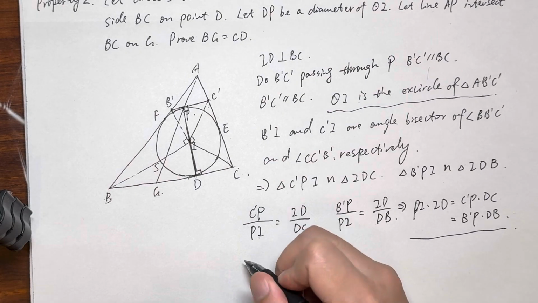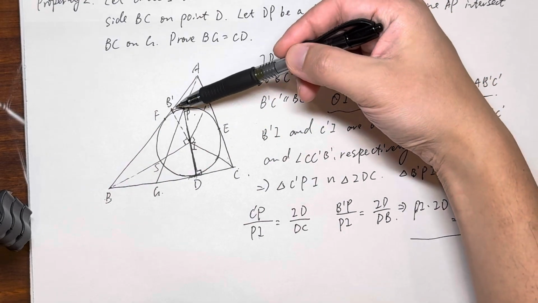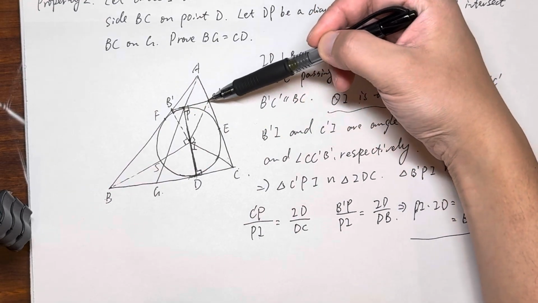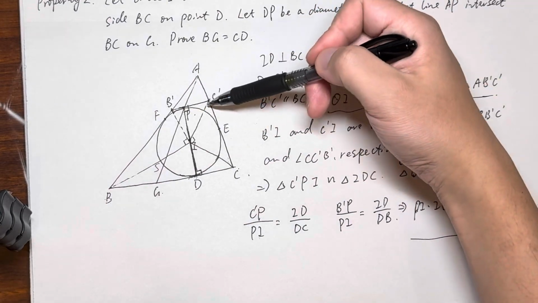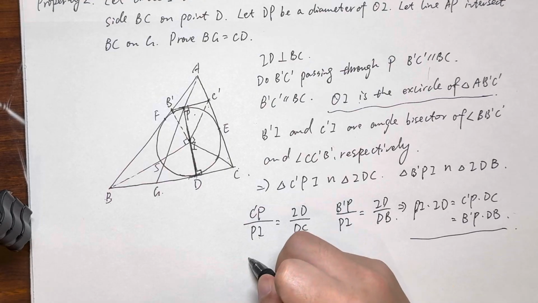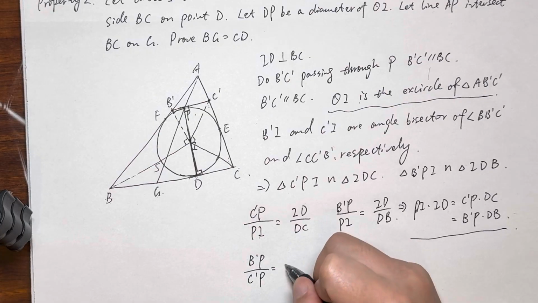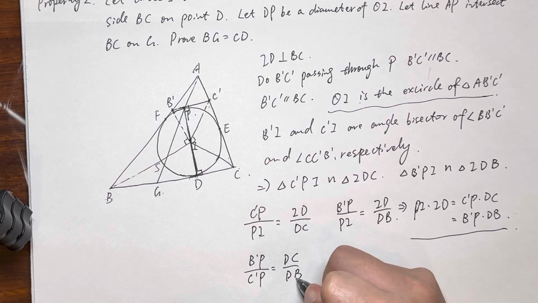That means we have the relationship between B prime P and C prime P. So B prime P to C prime P equals DC to DB.